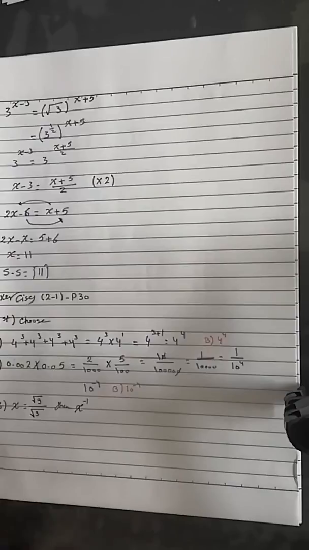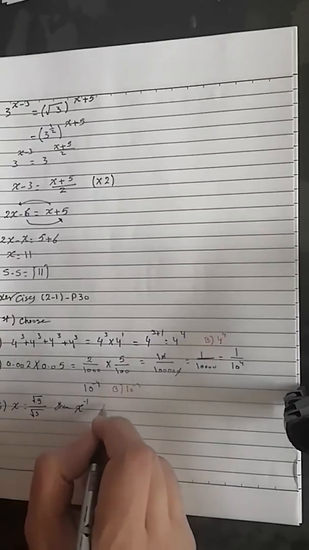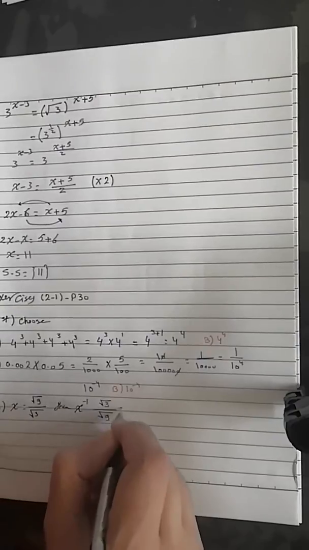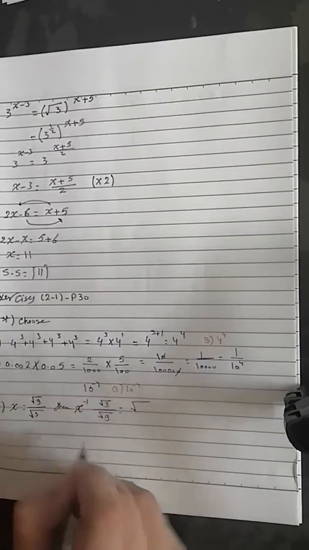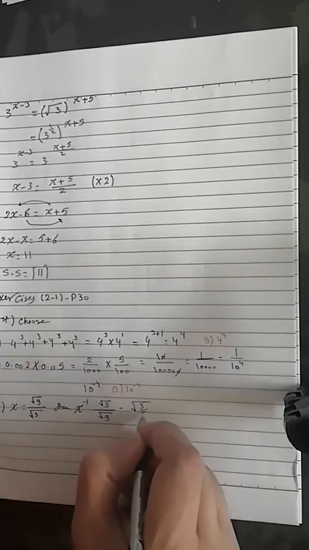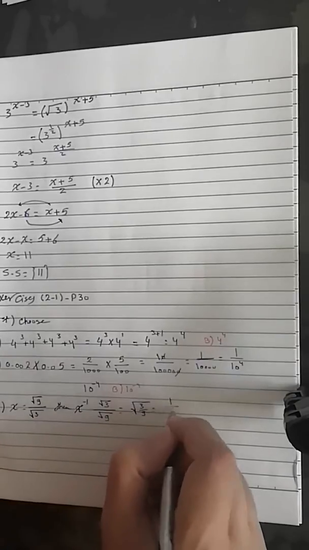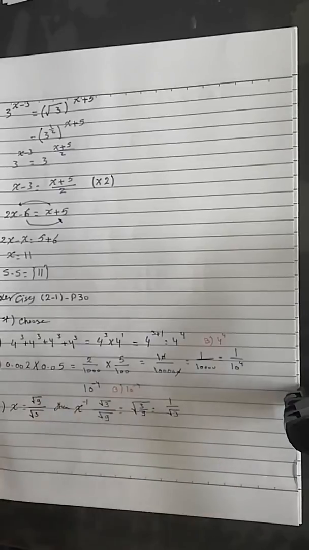So it will be root 3 over root 9. It means square root of 3 divided by 9 equals 1 over root 3.